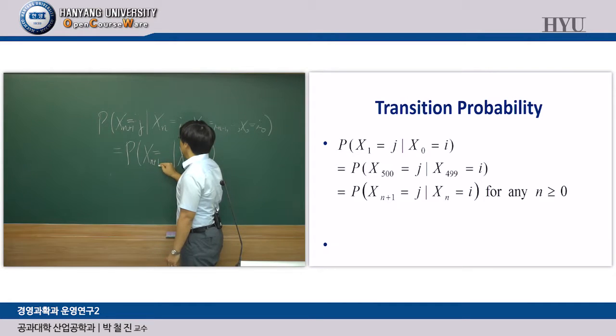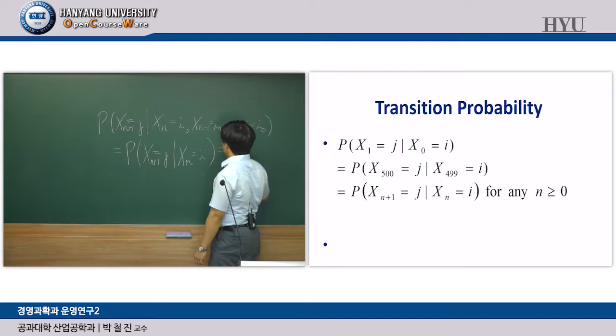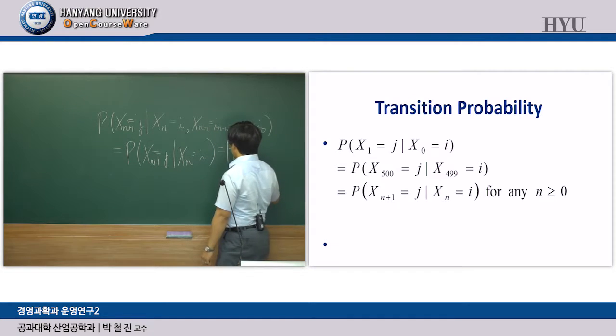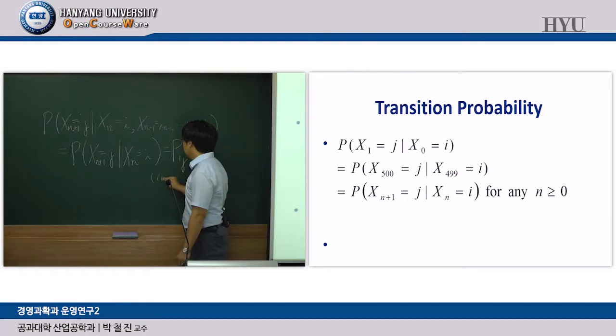And this is a constant. We usually use the notation p_ij, constant for any time n.